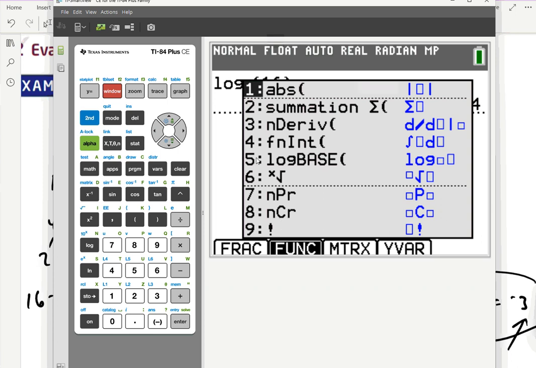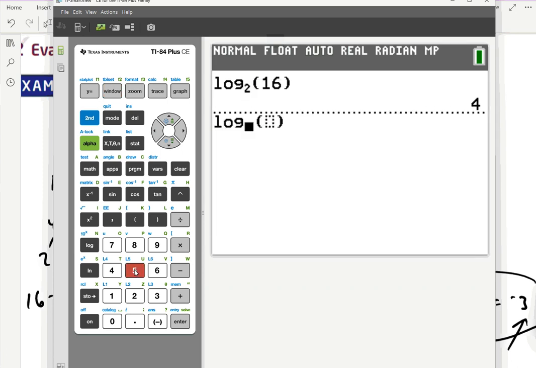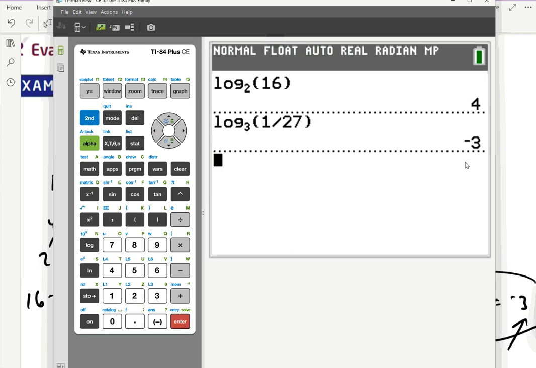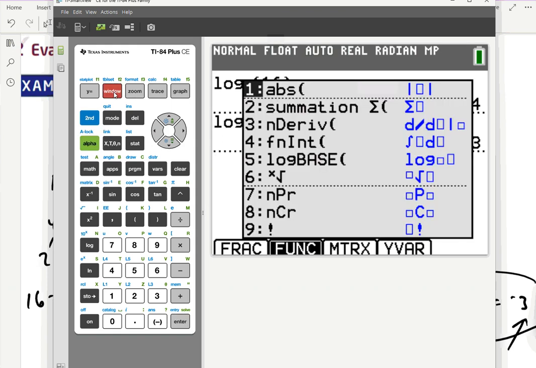What we're interested in is number 5, which is the log base. So we just type 5. And then we can do the same thing. So log of, let's see, the next one was log base 3 of 1/27. And we ended up with negative 3 also. So the second way to find out was the alpha key, alpha window, and then log base was the item we were referencing.